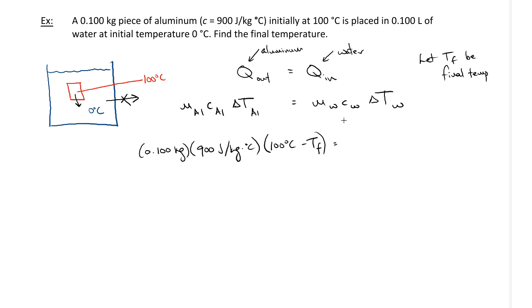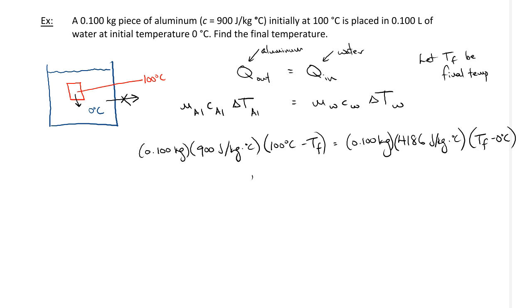And on the right side, I've got the mass of the water, which is also 0.100 kilograms, multiplied by its much larger specific heat capacity, which we said is 4,186 joules per kilogram degree Celsius. And now I'm going to write this as temperature final minus the initial temperature, which was 0 degrees Celsius.